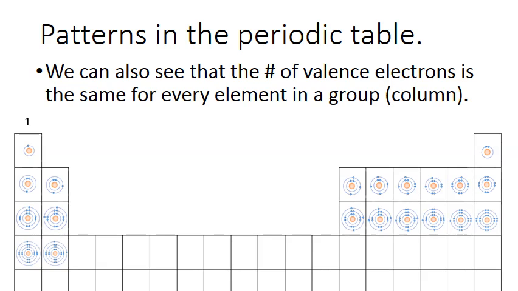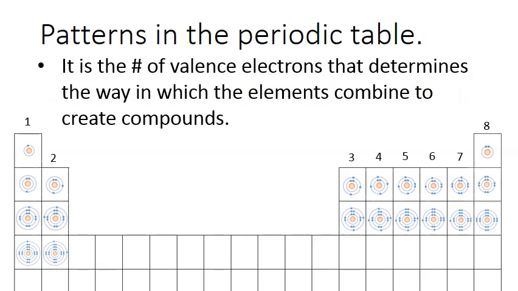For the second group, the alkaline earth metals, there is 2 valence electrons, and that's the same for that whole group. And the pattern keeps going from there. It goes 3, 4, 5, 6, 7, and then a full valence shell. We say it's 8, but that top one there only has 2. But that's a full valence shell for the last column there.